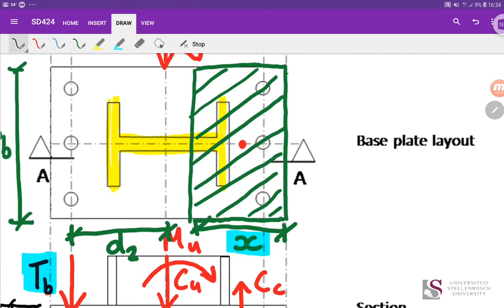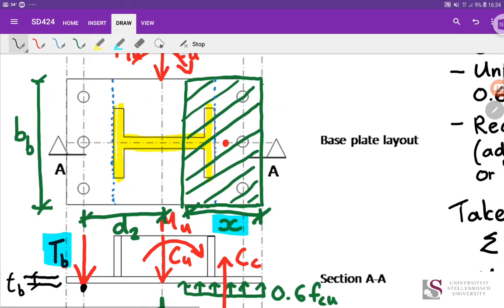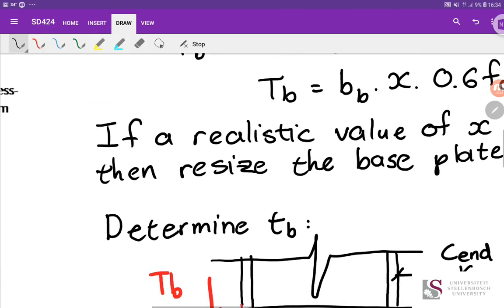We've got our force pulling down. We are going to work with a width all the way along there, and just assume that that is resisting the load. It's the same thing as previously with the compression side. We were using that width there and checking the capacity of that plate along those dotted blue lines and making sure that that capacity is sufficient to resist the bending moment we've got.